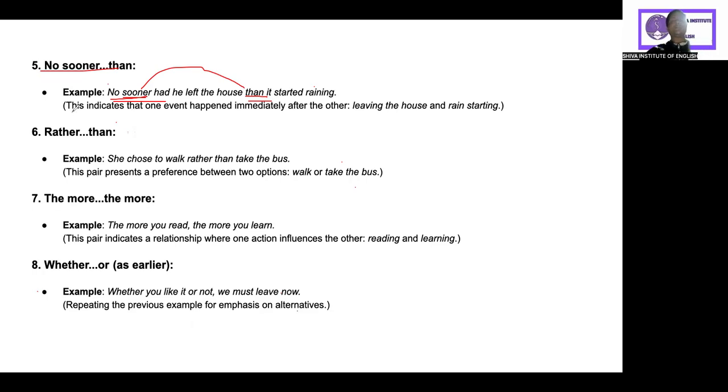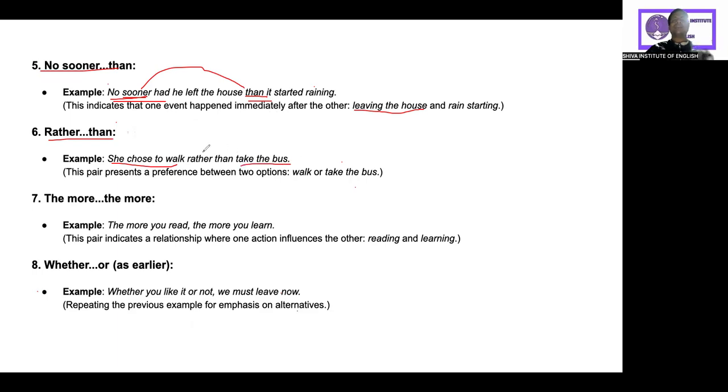So you can say that this indicates that one event happened immediately after the other, leaving the house and rain starting. So therefore, we can say no sooner than. Similar to that, when we talk about rather than, we can say she chose to walk rather than take the bus.